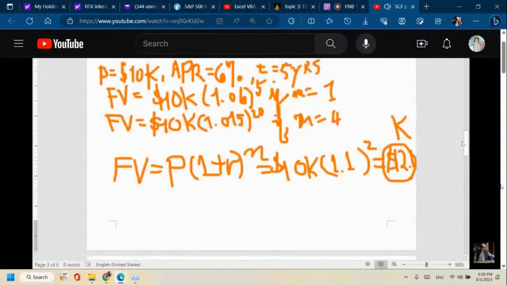Then we can flip the question and ask it this way. If I am entitled to 12.1K 2 years from now, if the prevailing market interest rate is 10%, how much do I need to put into the bank today?